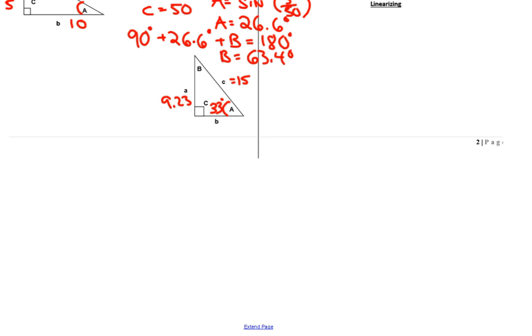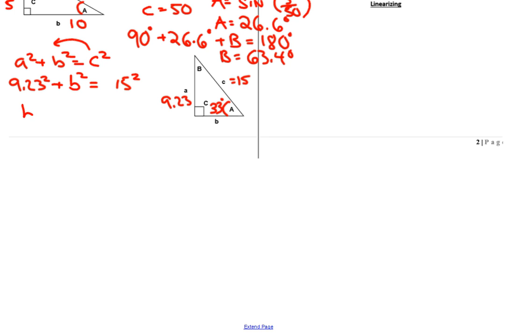I'm going to first find side B by using the Pythagorean theorem. A squared plus B squared equals C squared. I have 9.23 squared plus, since B is one of the legs of the triangle, in other words, not the hypotenuse, not opposite of the 90 degrees, I have to put the unknown on this side of the equation, equals 15 squared.